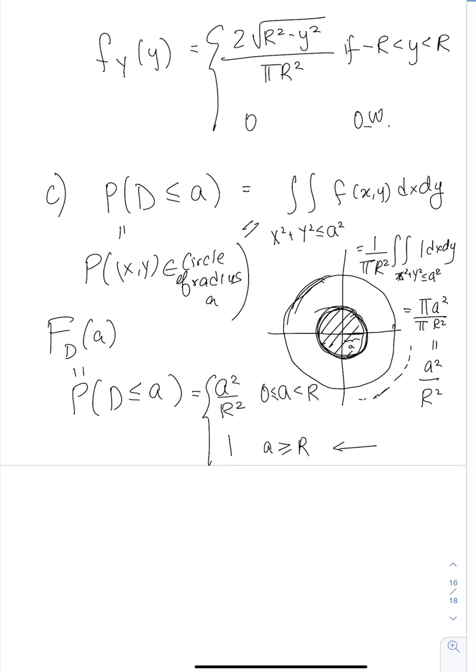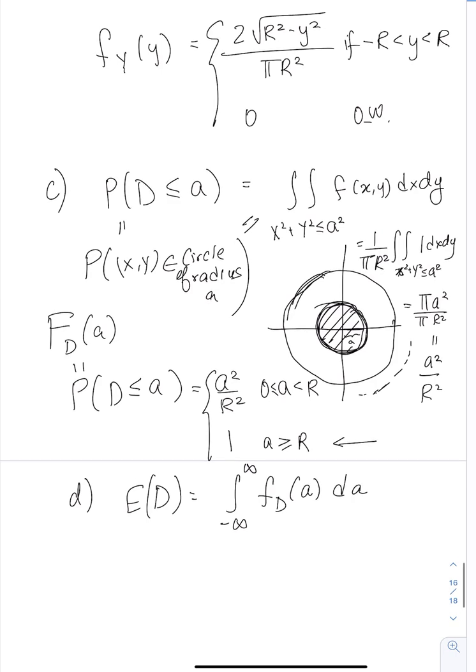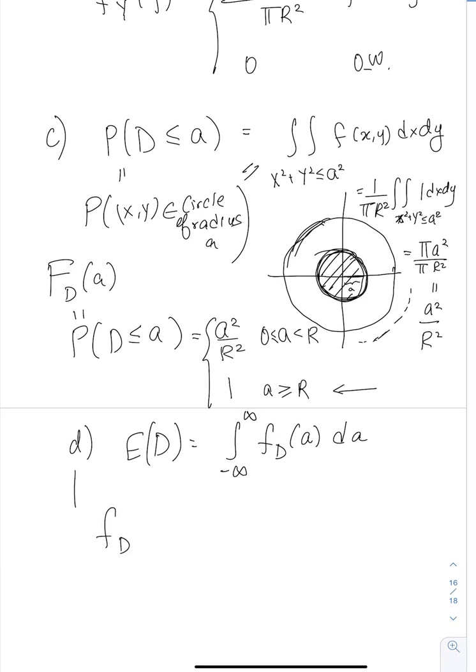All right, and now part D, they ask you to find the expectation of D. How do you find the expectation of D? You integrate from minus infinity to infinity a times the probability density function of D. Well, what is the density?